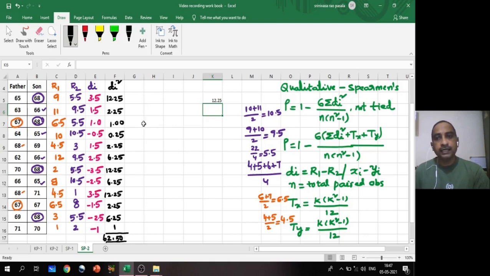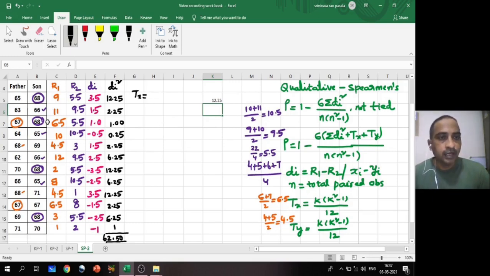and ty, then substitute in the formula. It is simple, right? So that's why I first calculate tx. Just now I told you tx is nothing but the sum of the reduction factor when the ranks are repeated.